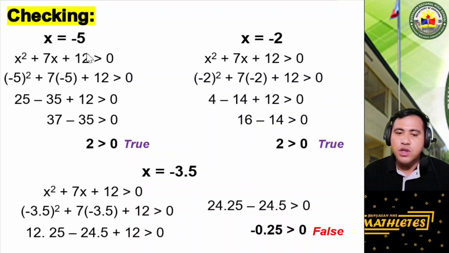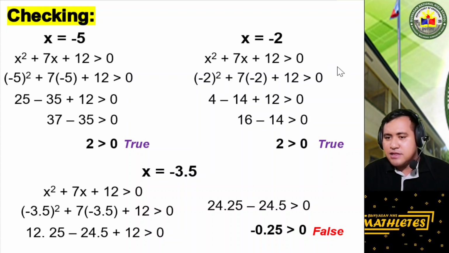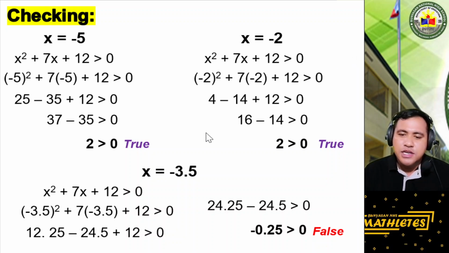Nakuha. So, both left and right, ang left ug ang right, puro solution. Now, ato ta sa tunga-tunga, the negative 3.5. When x is equal to negative 3.5, ang resulta, negative 0.25 is greater than 0. True or false? Okay, that's false, di ba?